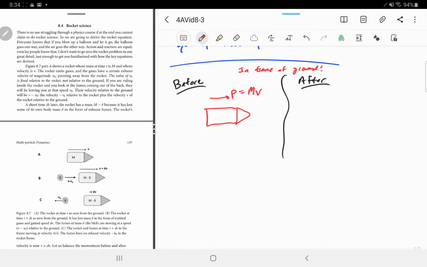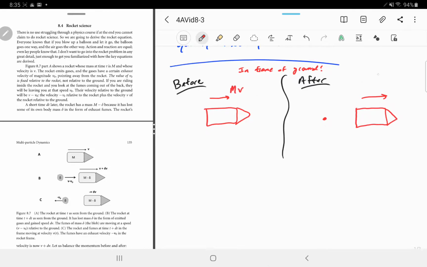So the after picture is going to have a little bit of the mass of the rocket ejected. So this little dot is how much mass came out. The rocket has some final velocity. So it has initial momentum mv.